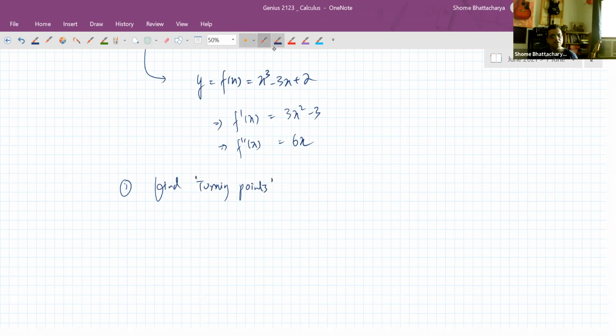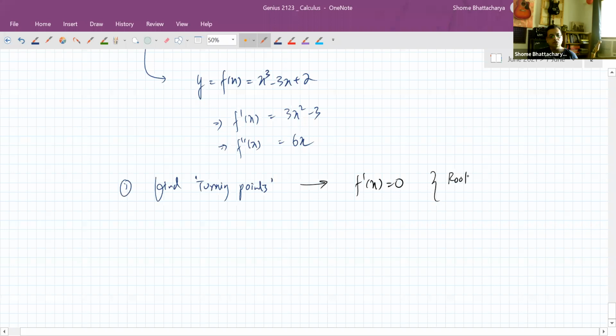The turning points, by definition, are the points where f prime x is equal to 0. So in maths language, we can say it is the roots of f prime x. Roots of an equation are the values of x for which the equation's value becomes 0. So f prime x is 3x square minus 3.